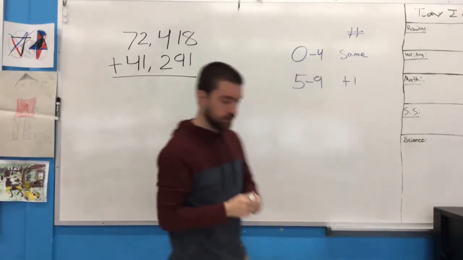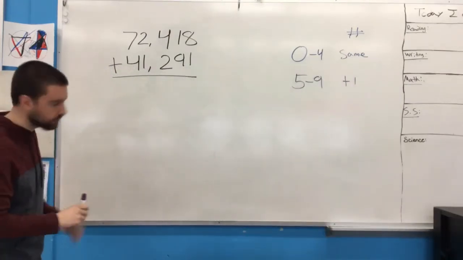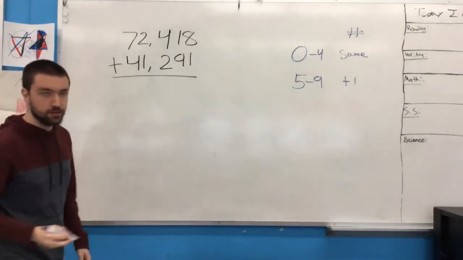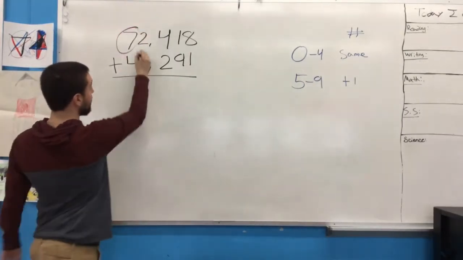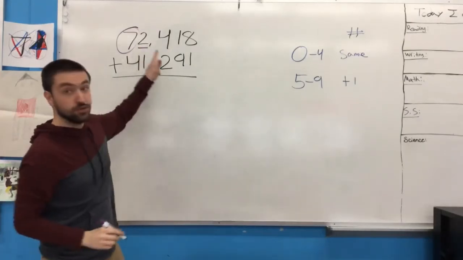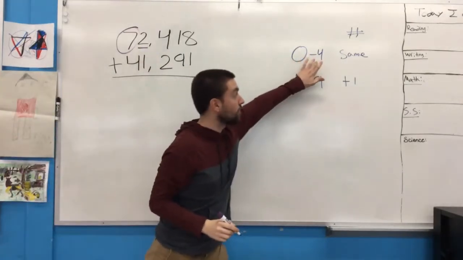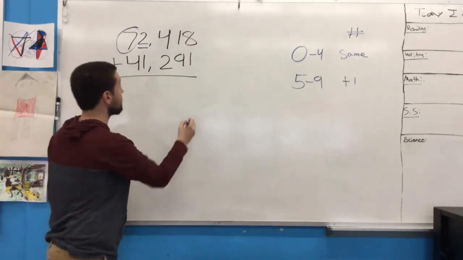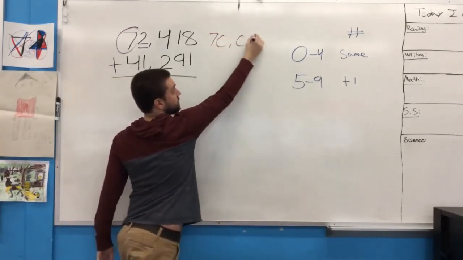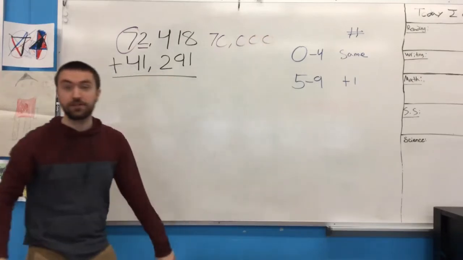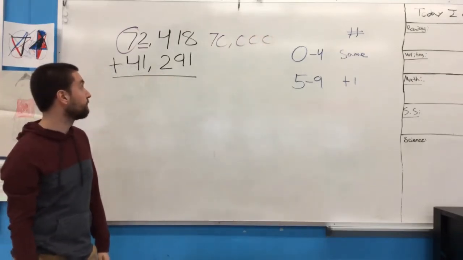Let's see if my purple marker works. Again, we're going to circle that place value, move to the right, underline it. We have a 2, 0 to 4, the number stays the same. All the other numbers become a 0. Okay.